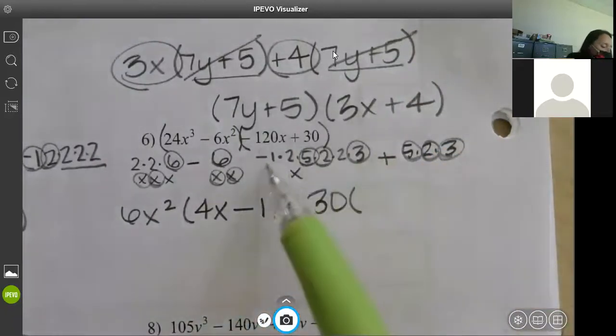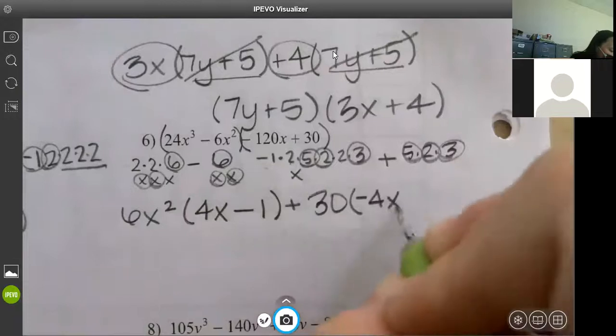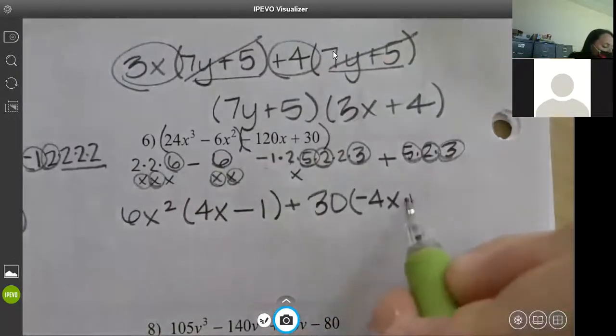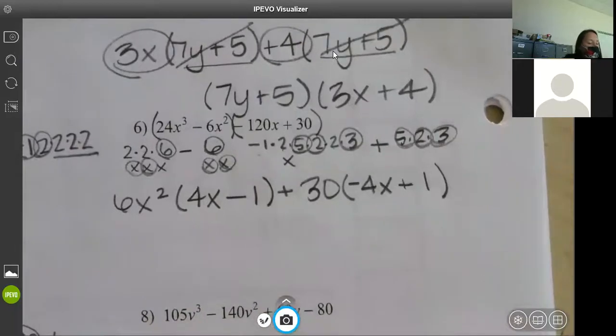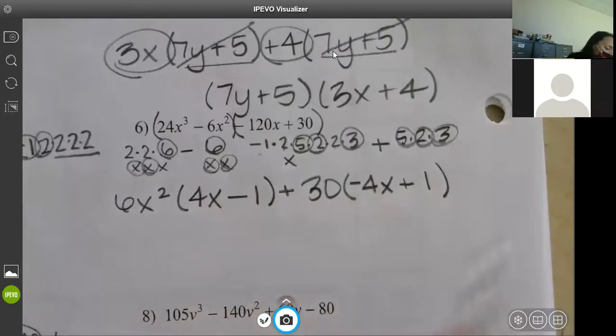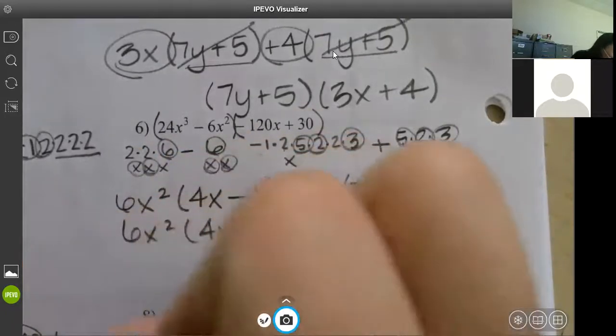Read what you have left. Negative 1 times 2 is negative 2x, times 2 is negative 4x. If I circle everything, it leaves me with a positive 1. If you look, the signs are exactly backwards. So the first one stays.